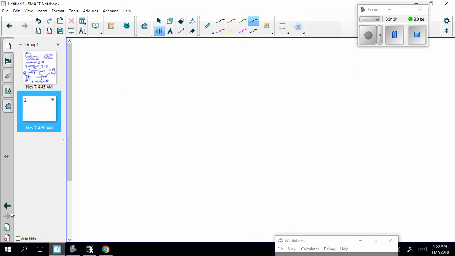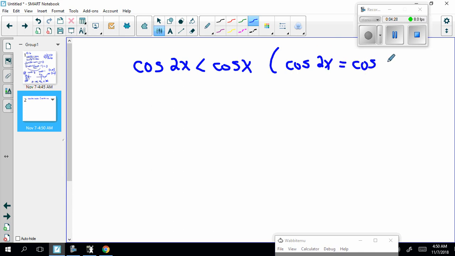Okay, where are we going next? Okay, so they go after the inequality thing again. So like cosine 2x less than cosine x. First, you got to know where cosine 2x equals cosine x.